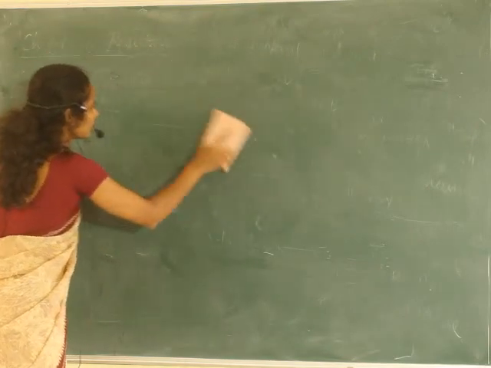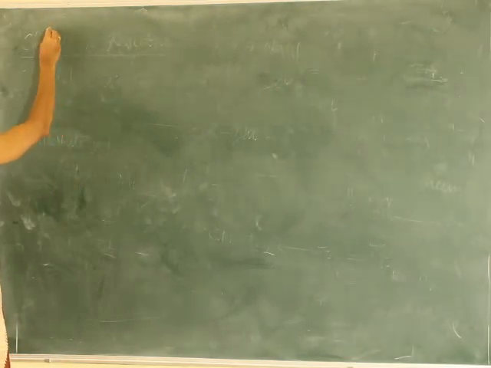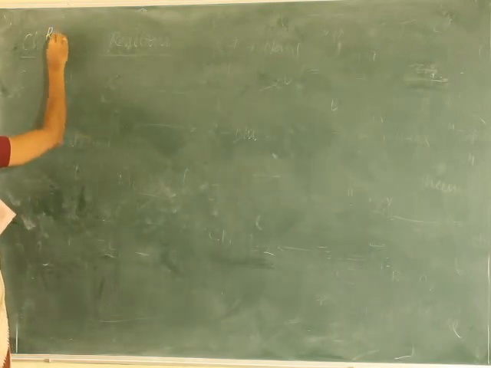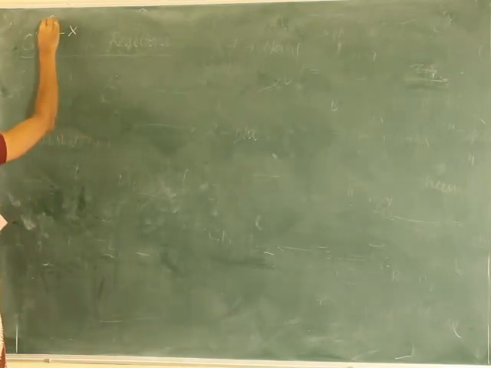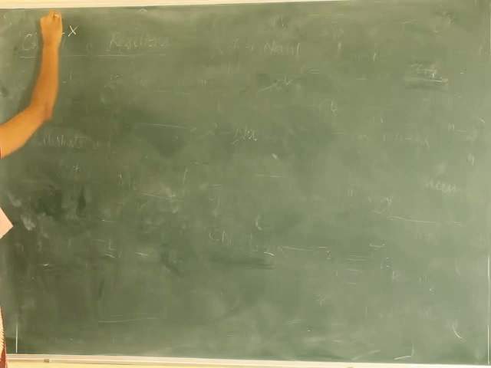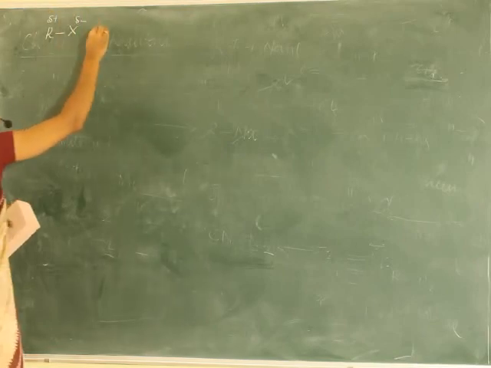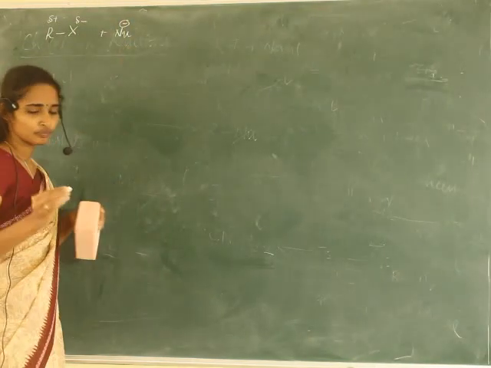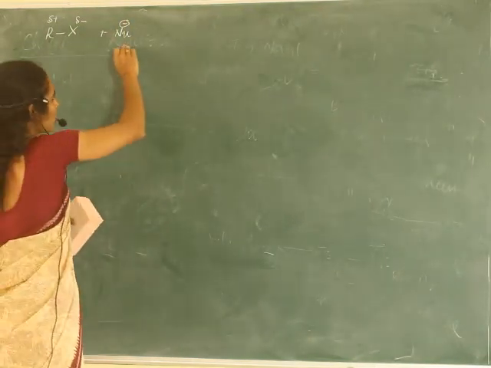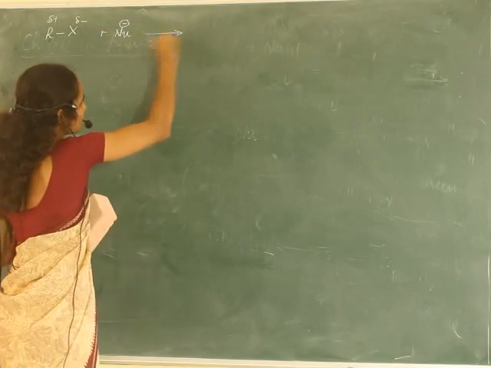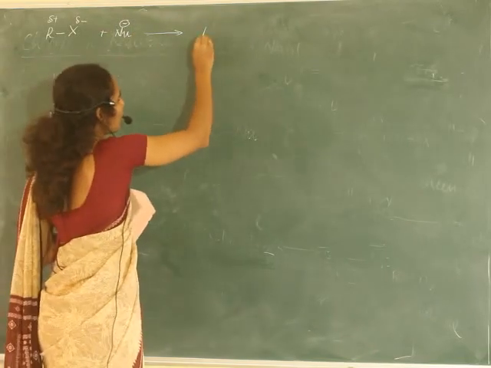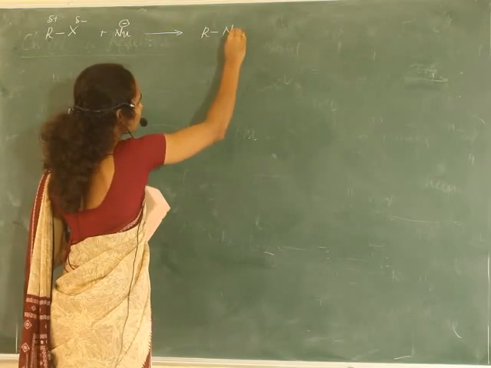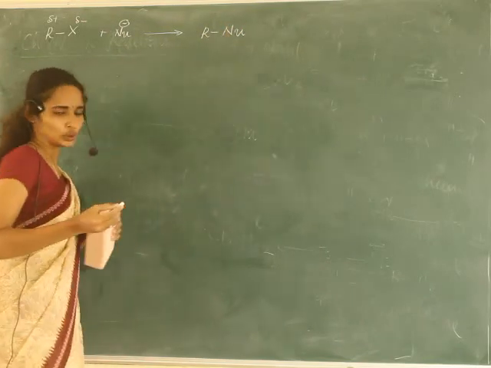I'll write the general reaction first. One table is there in your textbook. Go through that, that only I am going to explain in detail. First, alkyl halide, we know partial positive charge, partial negative charge, which on reaction with the nucleophile, that is an electron rich species, results in new bond formation between alkyl group and nucleophile.